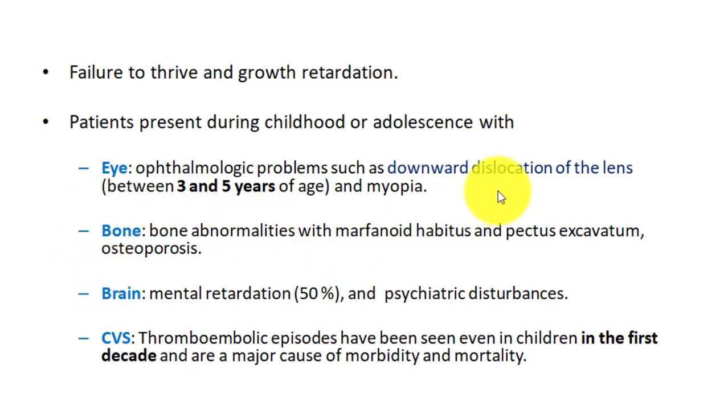Lens displacement is also there in Marfan syndrome, but the lens displacement in Marfan syndrome is upward. Here you can see lens displacement is downward. And in the brain, there is mental retardation in 50% of cases.